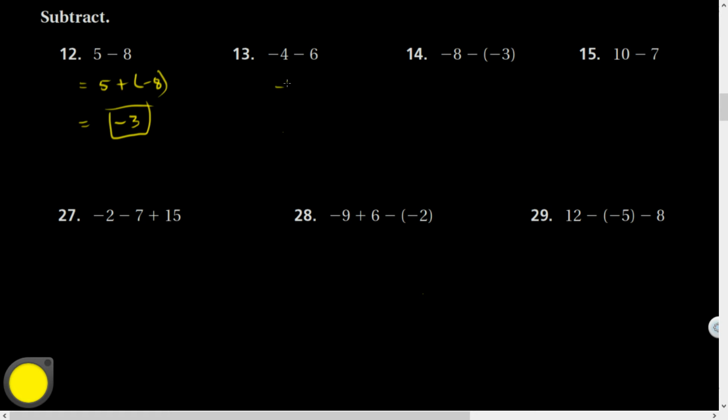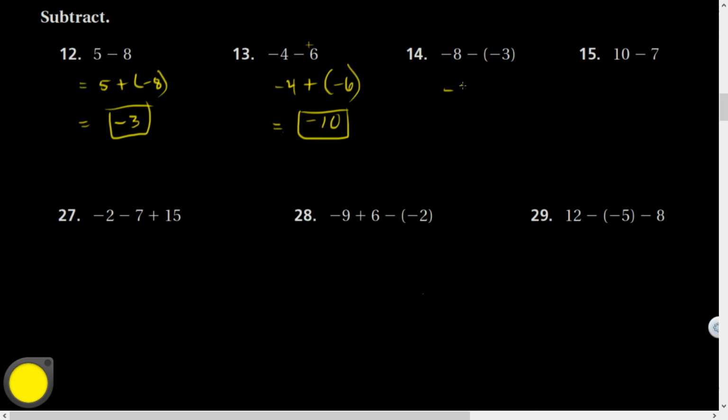Negative 4 minus 6, that's the same as negative 4 plus the opposite, so plus a negative 6. It's becoming more negative, right? So I'm adding the numbers, and it's more negative. All right, I like to think about this a couple different ways.